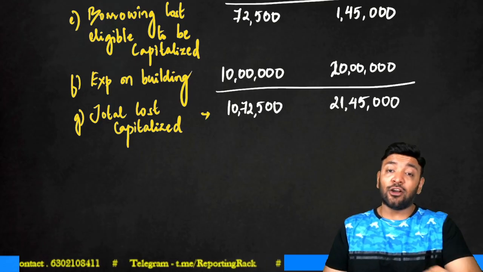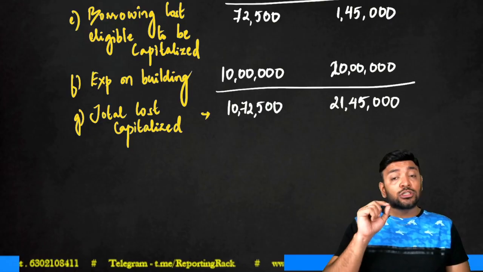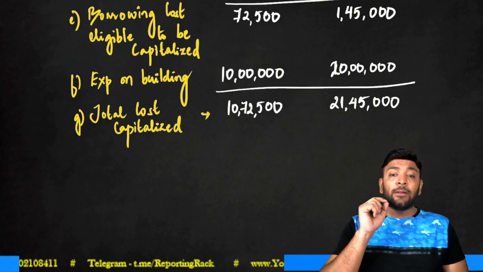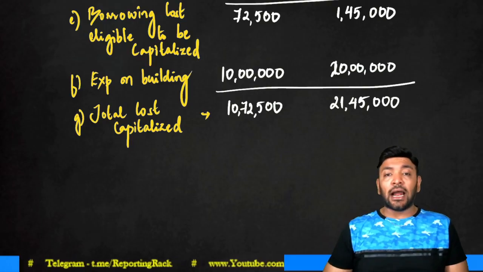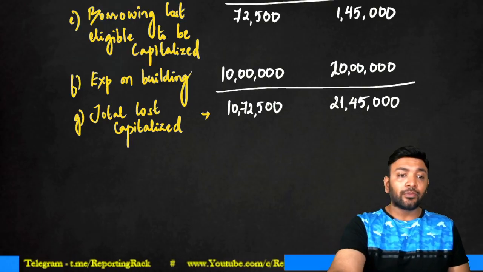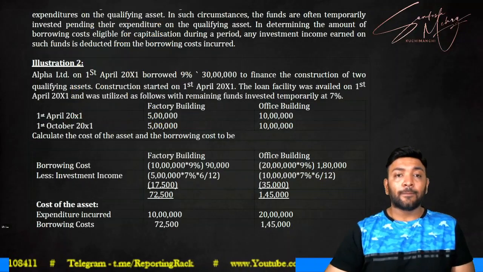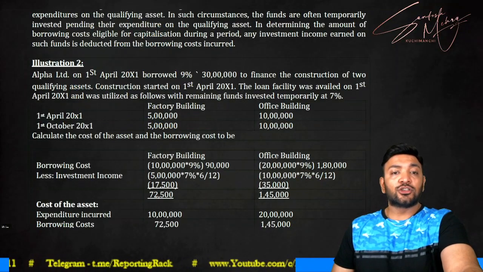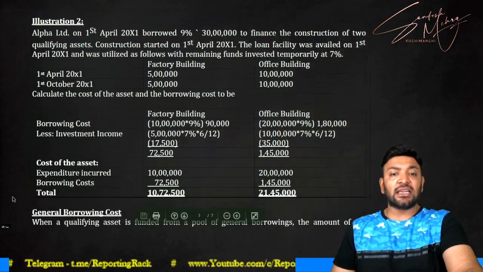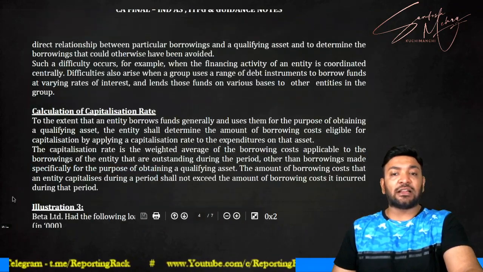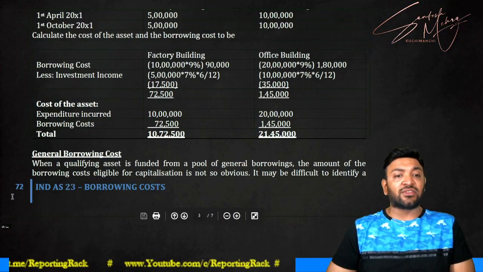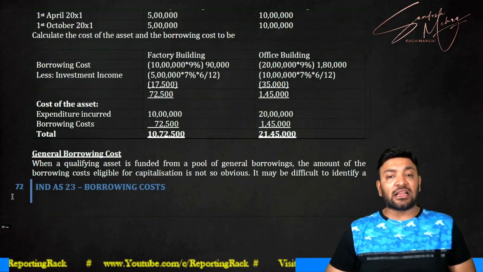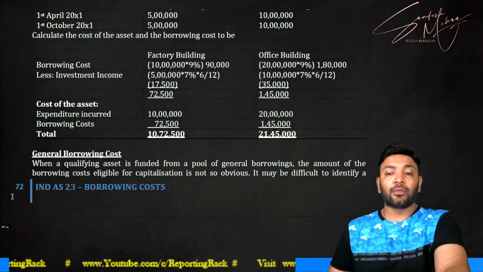That will bring us to the end of the question, where we have used the concept of specific borrowing, actual borrowing cost reduced by the return on idle funds. Clear? Let's go back to the question and check your answer. Yes, 72,500 and 1,45,000. Answer is absolutely right. 10,72,500 is cost of the asset and 21,45,000 for office building.